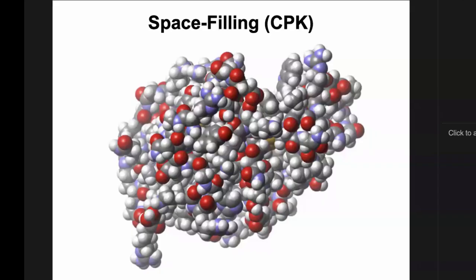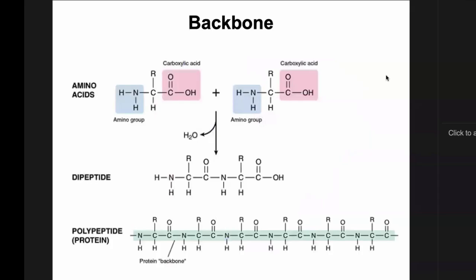But then there are other special representations that are specific to proteins. So remembering that every protein is made of a polypeptide chain, a chain of amino acids, oftentimes it's very important to understand how that linear chain of amino acids ends up folding to form the final structure of the protein.